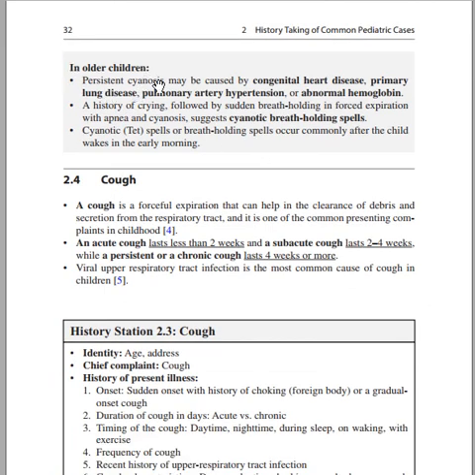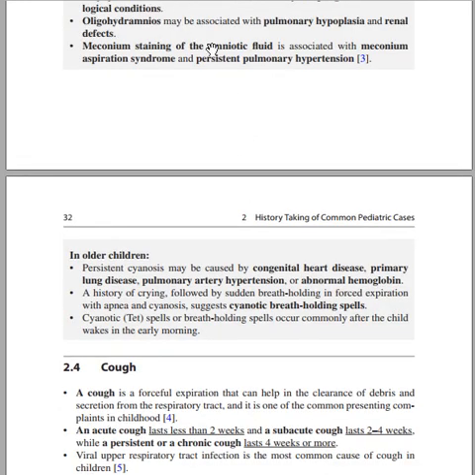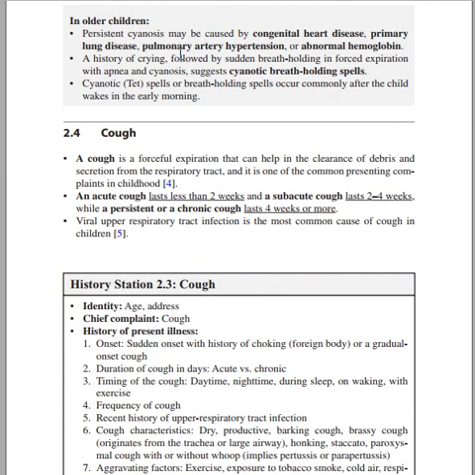Now, that was in neonates. In older children, persistent cyanosis may be caused by congenital heart disease. So if you have persistent cyanosis, you think of congenital heart disease, any primary lung disease, and pulmonary artery hypertension. We said that persistent pulmonary hypertension is seen in neonates with meconium staining, but here we think of pulmonary artery hypertension.